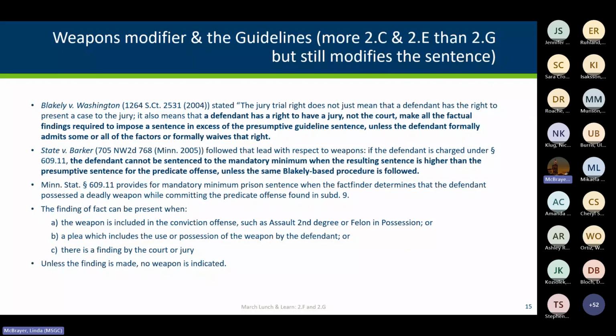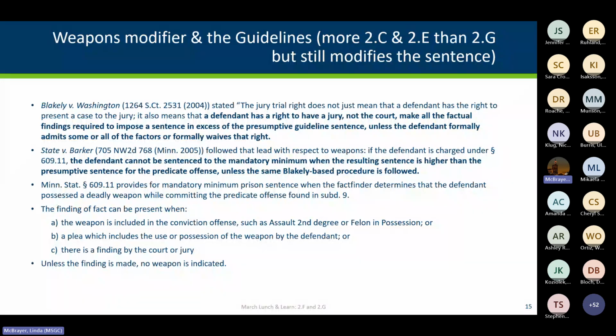Weapons is much more of a 2C presumptive, 2E mandatory than 2G, but it still modifies the sentence. But weapons have that additional component attached to them. After 2004, the Blakely v.